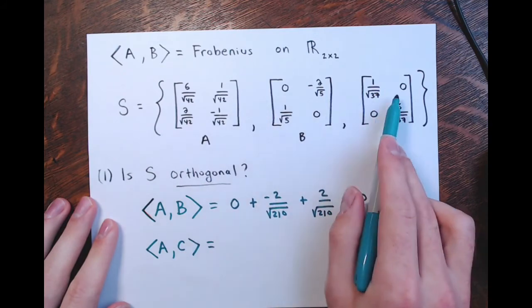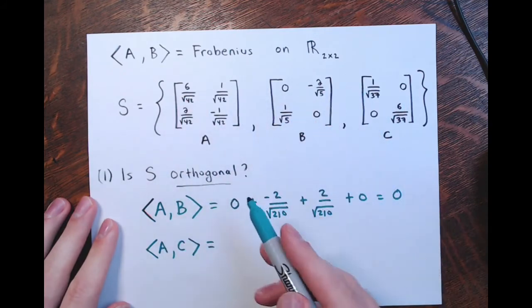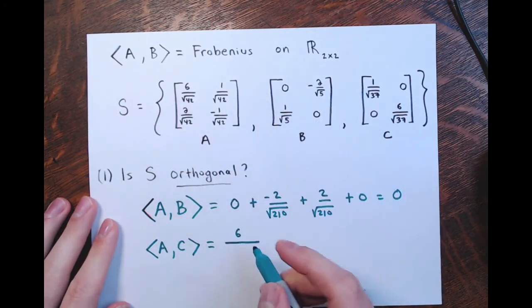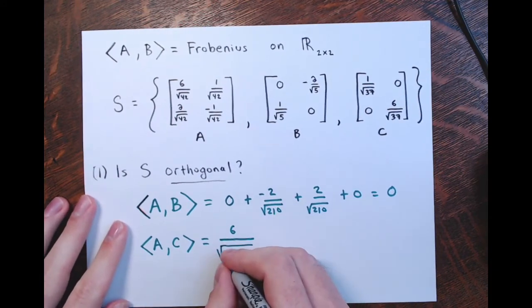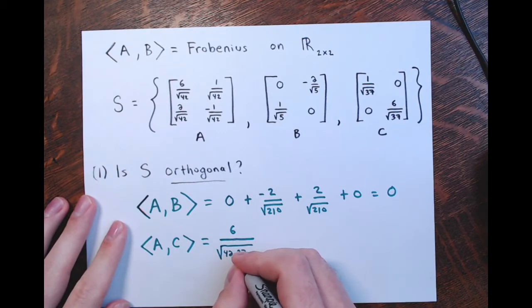Right, so A with C, Frobenius, this would be 6 over whatever the square root of 42 times 37 is. I'll just put 42 times 37 down here, whatever that is.